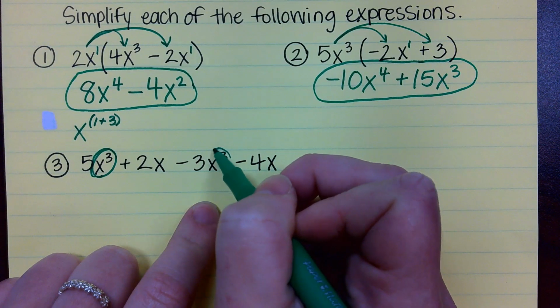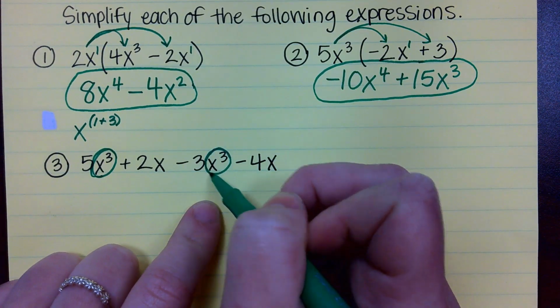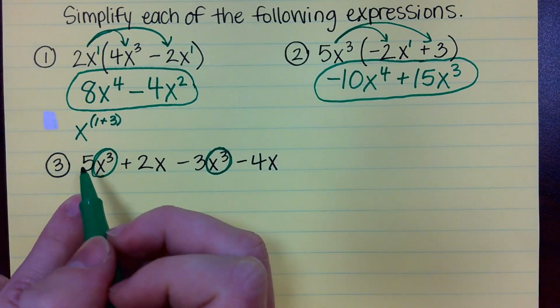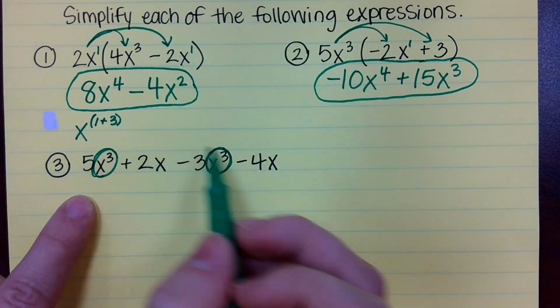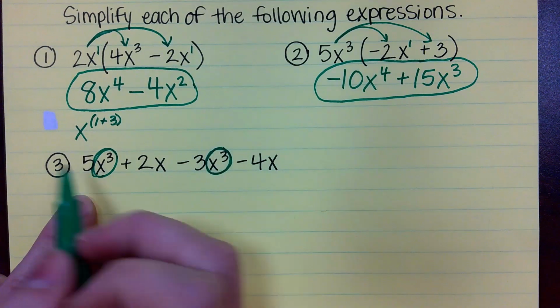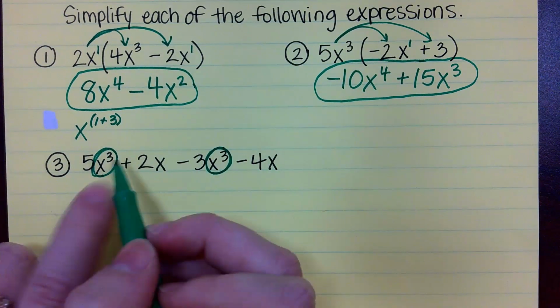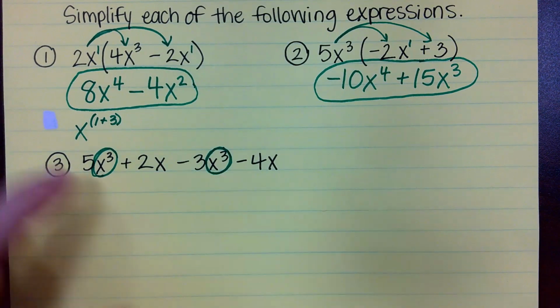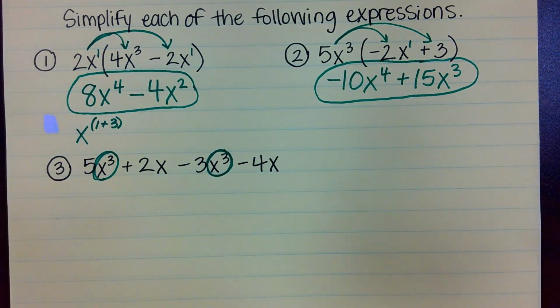So I'm going to circle that other x to the 3rd power. And remember, when we're doing these, I'm not trying to figure out 5 to the 3rd power or negative 3 to the 3rd power. I'm not doing anything like that. My power is connected to my variable, not my number. Okay? So I've identified my like terms for x to the 3rd power.